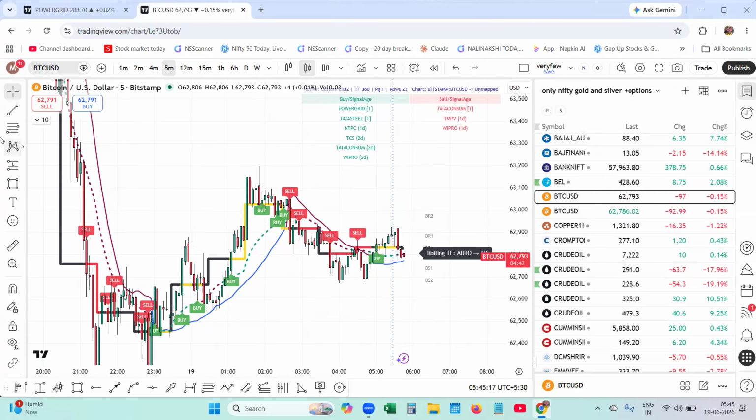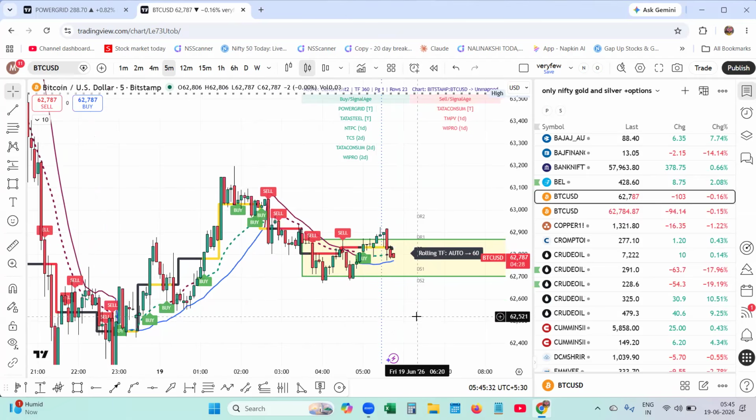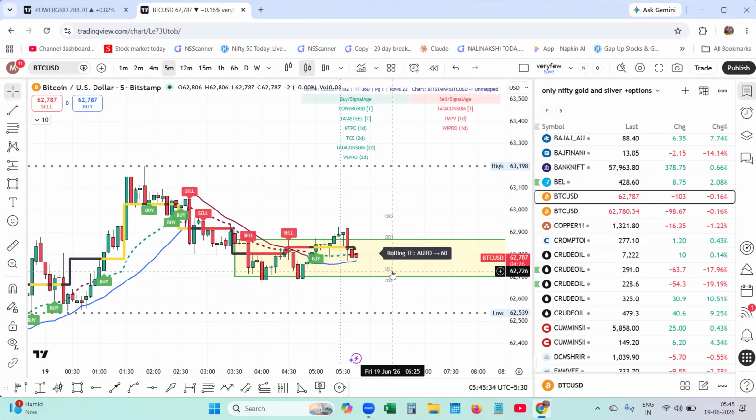That means it is a range. The prior condition was buy, right? It is a correction. Then you can keep a buy alert again, not a sell alert. We will keep a buy alert for Bitcoin.